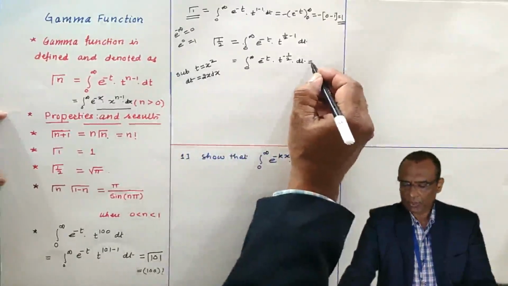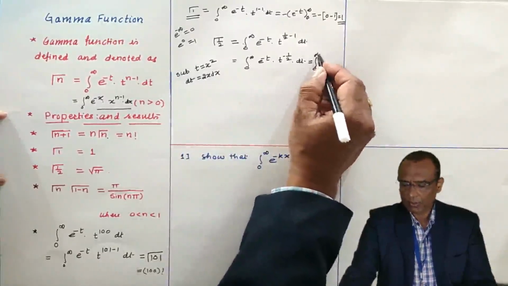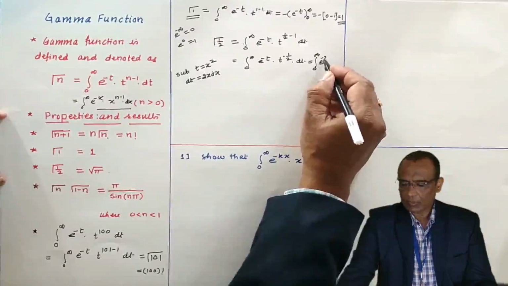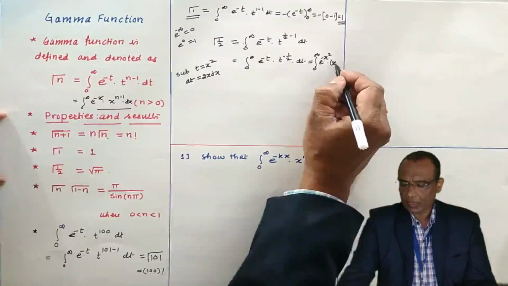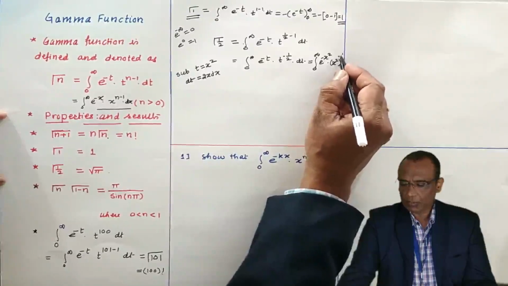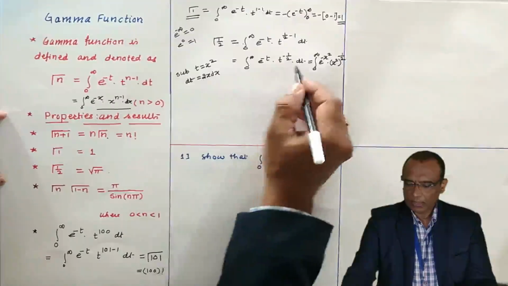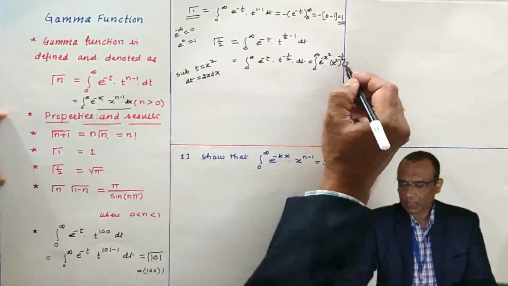If you substitute t equal to x square, so t power minus 1 by 2 becomes x square power minus 1 by 2, and dt is 2x dx, I am putting it here.